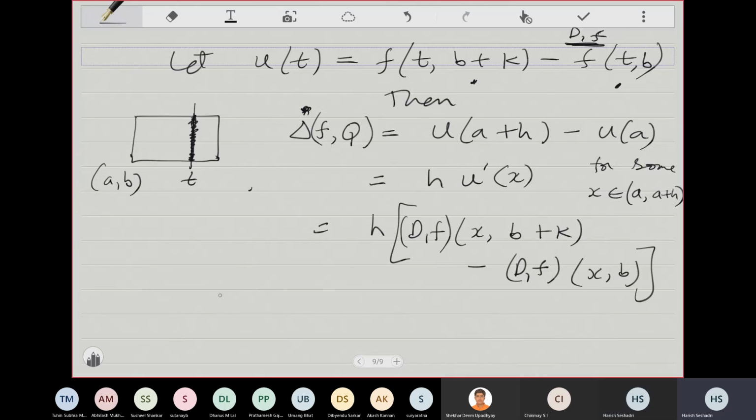Now, since d2f exists everywhere, I can apply the mean value theorem again to this expression here.